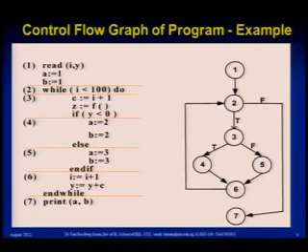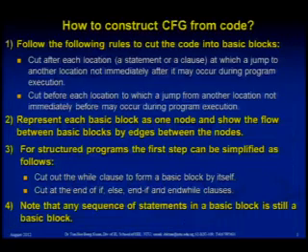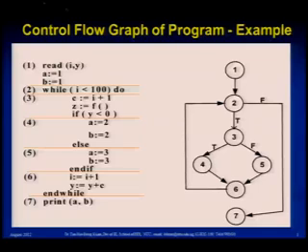Okay, last week we have learned control flow graph, and I have given you a set of rules to apply. This rule will work for all structured pseudocode. And all the code you are going to see for quiz and exam will be in structured pseudocode. So you can apply this set of rules to cut a piece of pseudocode into basic blocks.